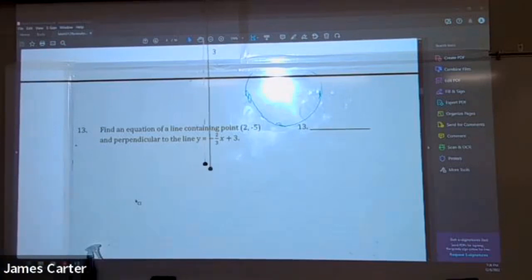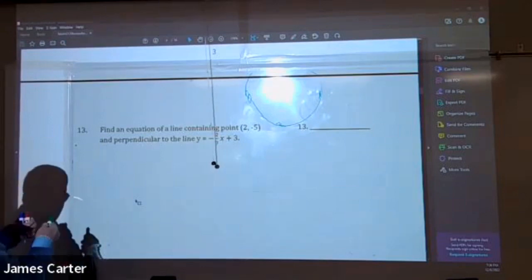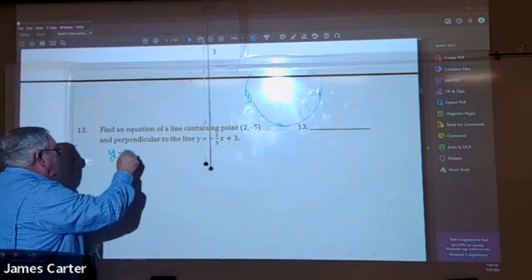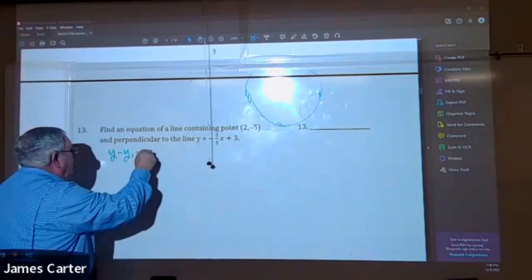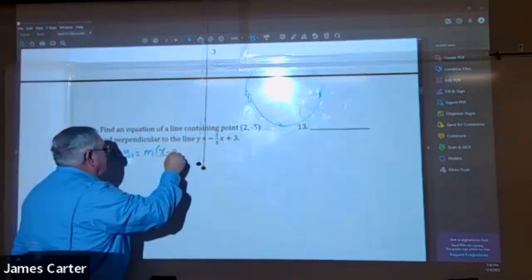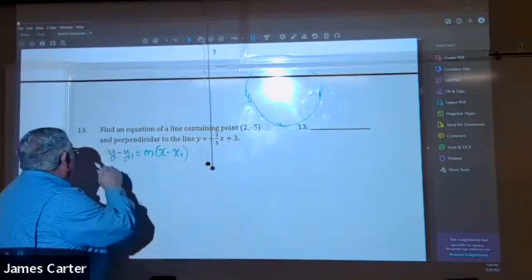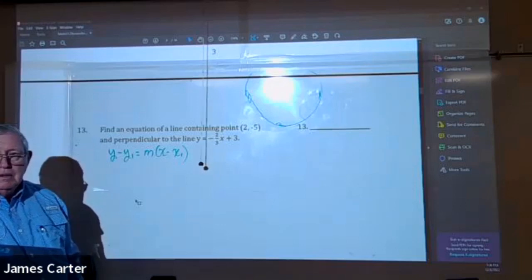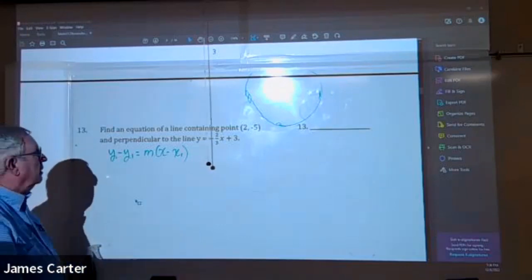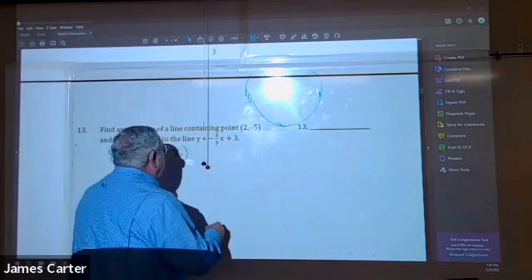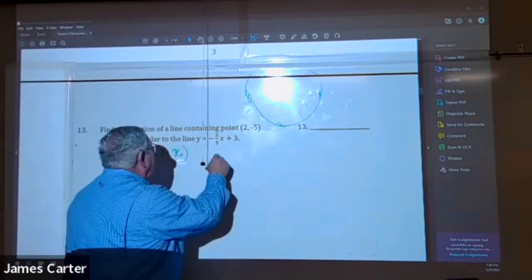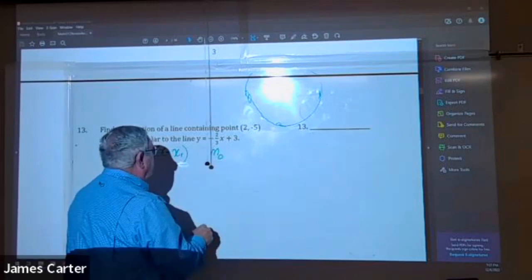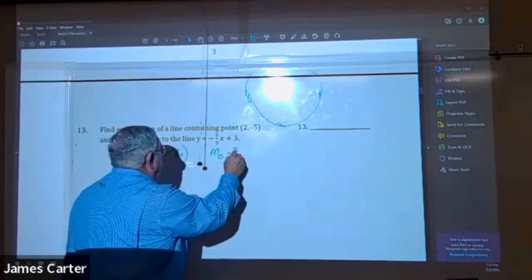Okay. So we'll play their little game. y minus y1 equals m times x minus x1. Write that down. It's worth 1 point on this problem. Now, in this case, our original slope is -2/3.